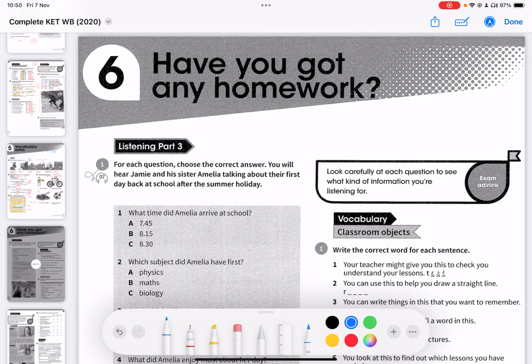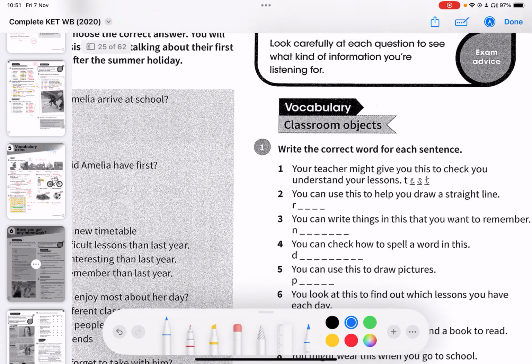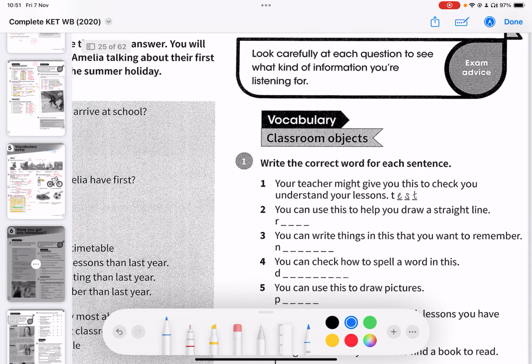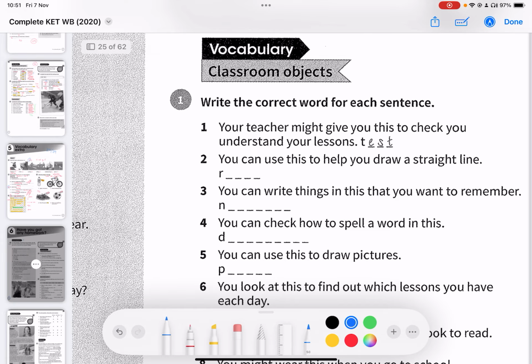Yes, of course, because I'm learning with Miss Chang, right? And we've got listening part 3. Because I haven't given you the listening, I'm not going to check it now. I'm going to give it after this. So be ready to do the listening part. I'm going to go straight to the vocabulary part.